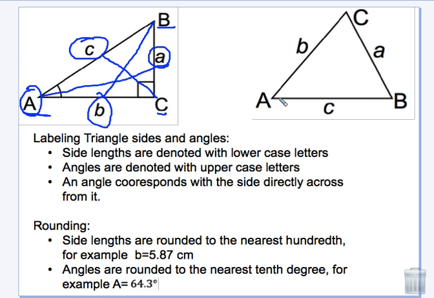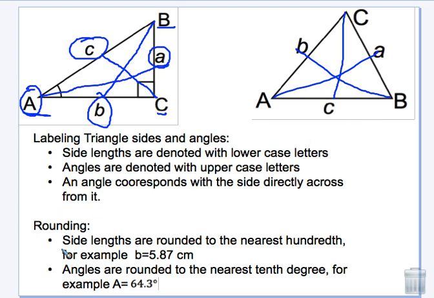Okay, and this works no matter what type of triangle you have, whether it's obtuse, acute, what's some of the other ones, isosceles, equilateral, doesn't matter. Your sides and your corresponding angles should have the same letters.